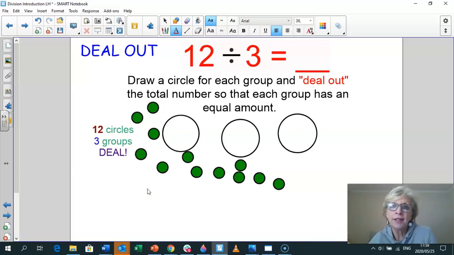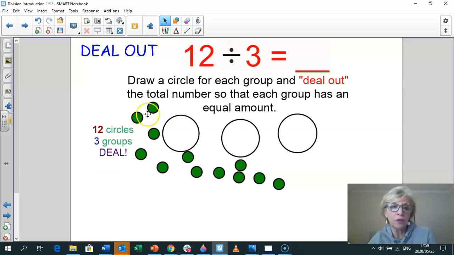So let's take 12 divided by 3. We're going to draw a circle for each group or each person, and we're going to deal them out. We're going to share out the total number so that each group has an equal amount. So it's called dealing out or sharing out. All right, so let's do it then. 12 circles into 3 groups.